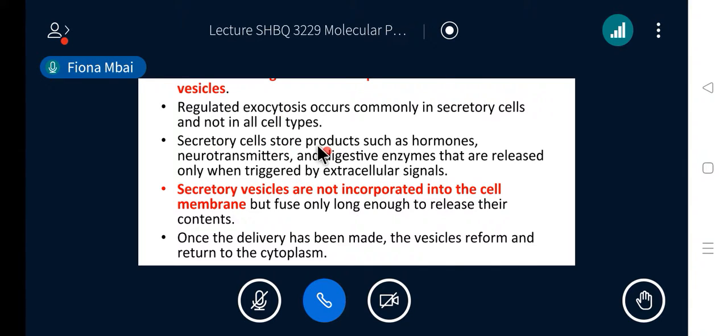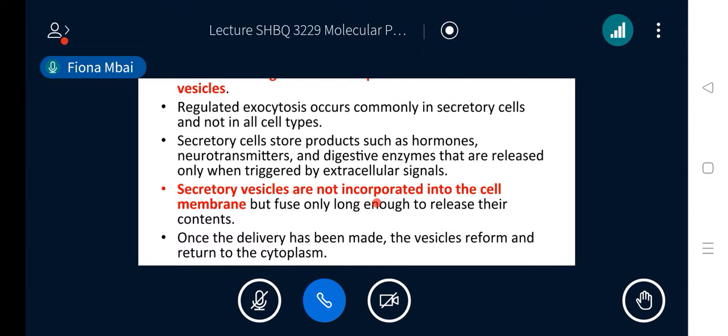Secretory cells also store products such as hormones, neurotransmitters, which are the chemicals that transmit nerve impulses along the axons, and digestive enzymes, and these are released only when they are triggered by extracellular signals. These signals come from outside the cell.